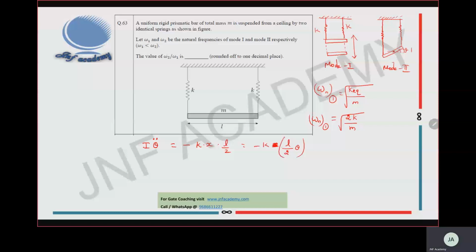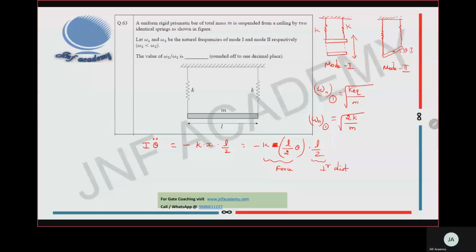When it is oscillating this much distance, arc radius into angle is equal to x, into the moment arm L by 2. This is the force, and this is the perpendicular distance, the moment arm.